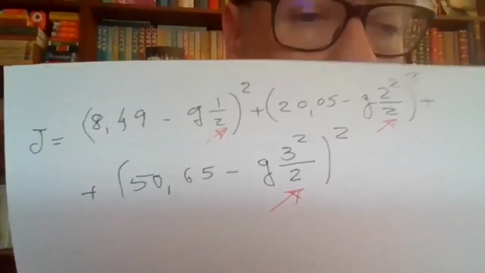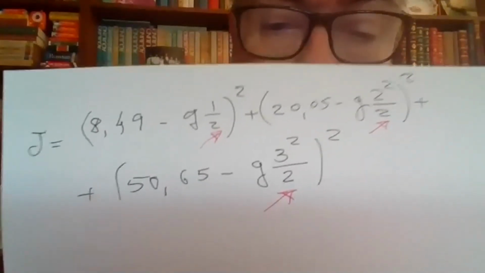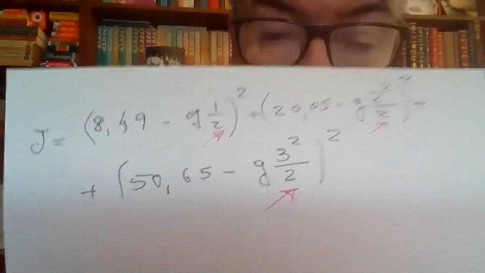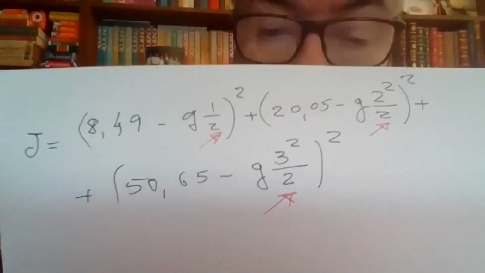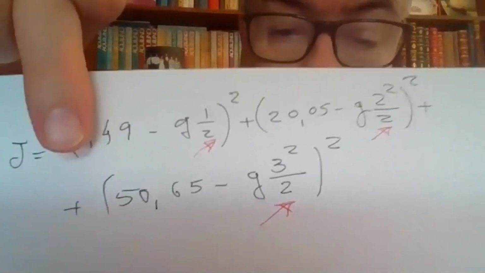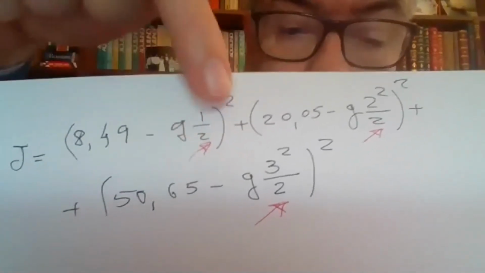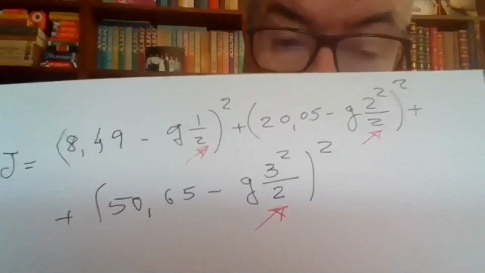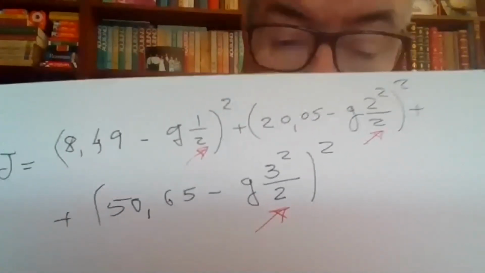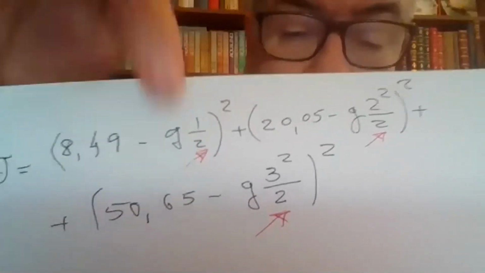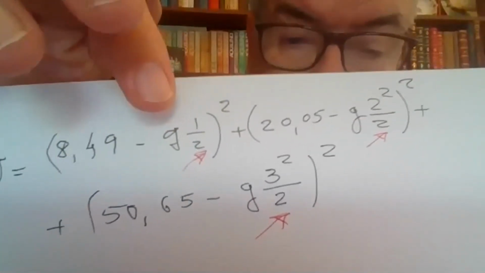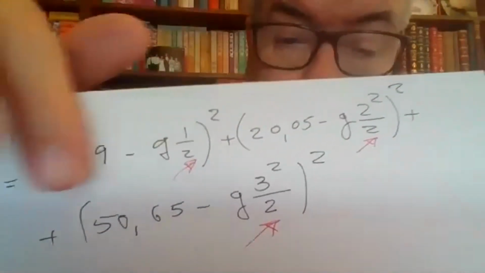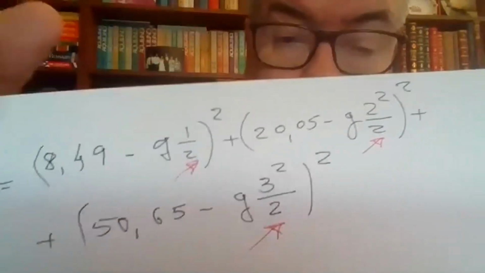So what we have, I just wrote for the different points the value, the distance, and the distance that would be expected given the value of g that I leave as a variable. If I have just one of these terms, I just equate this term to 0.